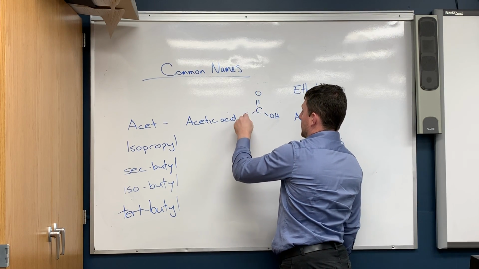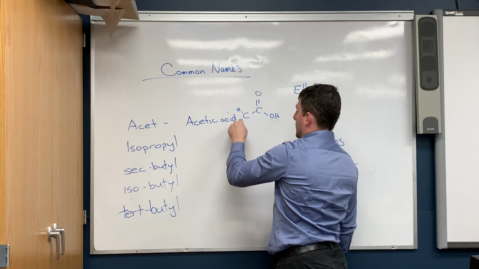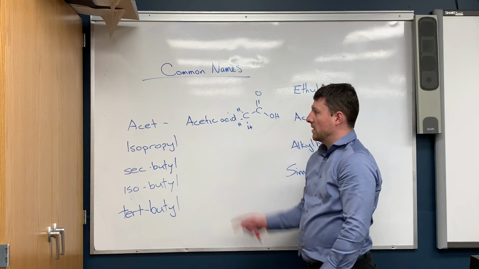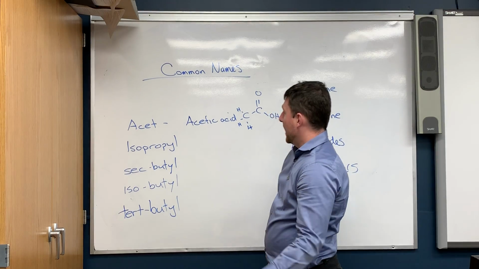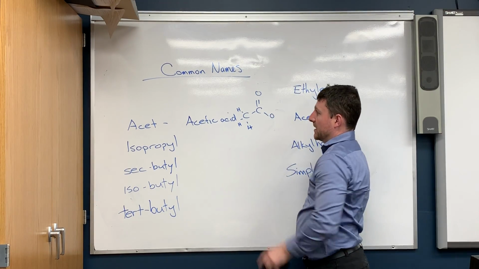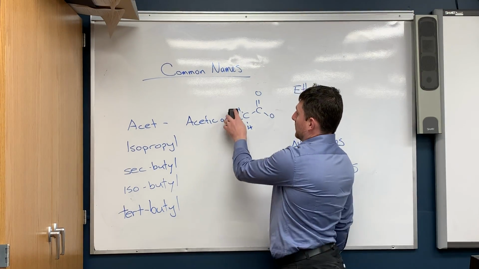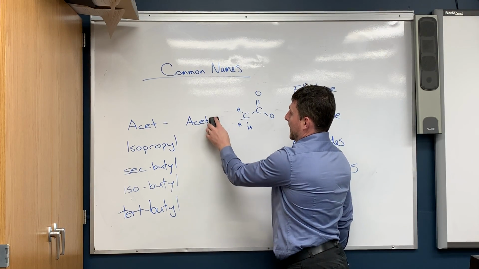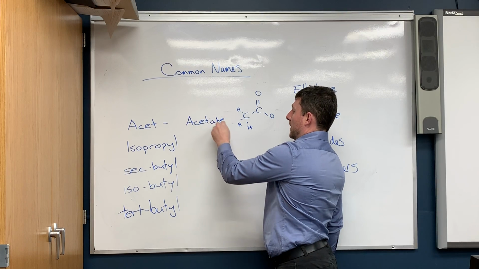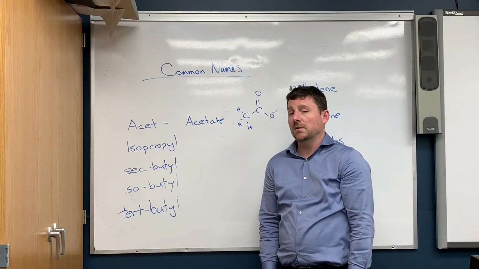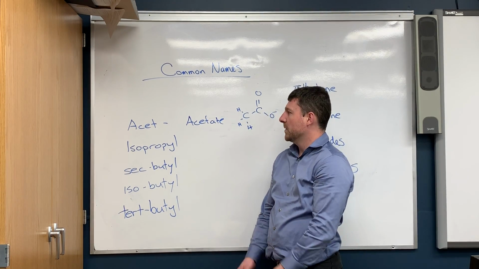There's 1 and there's 2, and there's acetic acid, 2 carbons, carboxylic acid. And of course, what happens when we deprotonate a carboxylic acid? We replace the ic acid with ate, and we get acetate. We know that one too.